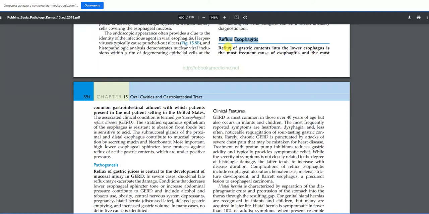It leads to overextension of the stomach, and due to this overextension, reflux occurs. The sphincter is not closing properly, and of course it leads to regurgitation of this food into the esophagus. This reflux of gastric content leads to inflammation.